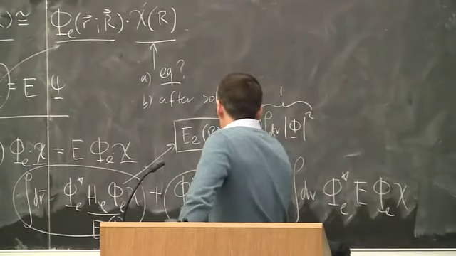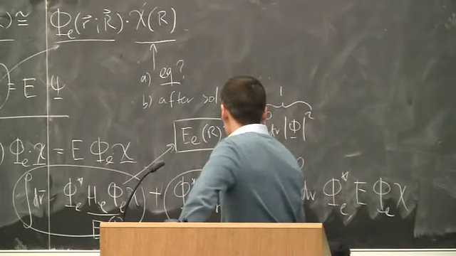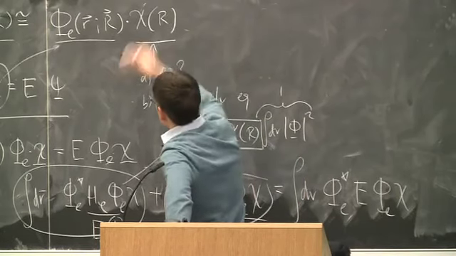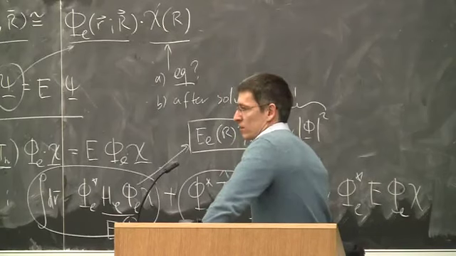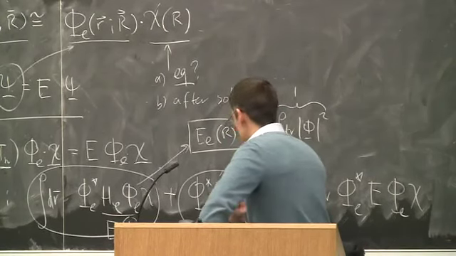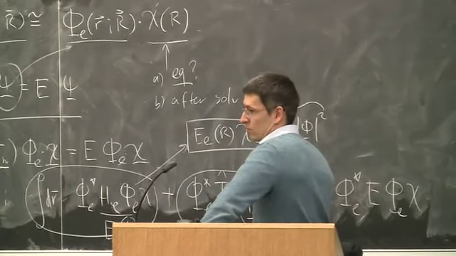Now, we have two functions, electronic and nuclear. The nuclear one is a normal function of the nuclear coordinates. No question, this kinetic energy operator will differentiate that. But should this differential operator act on the electronic function? Why?